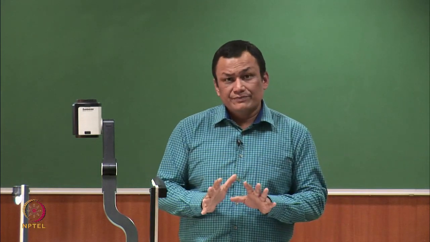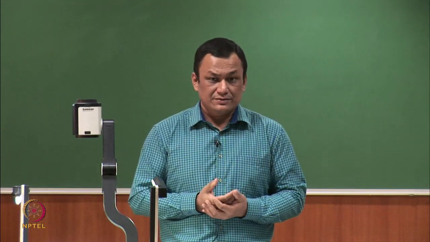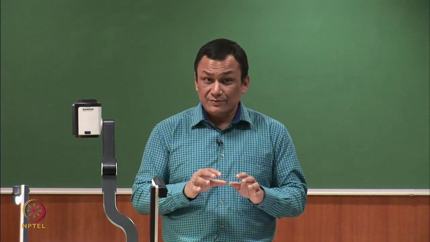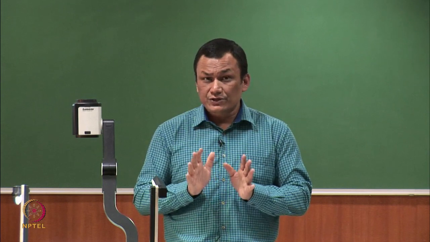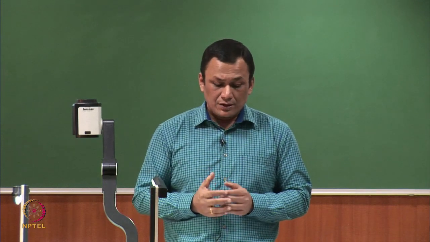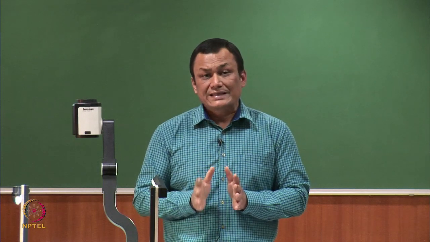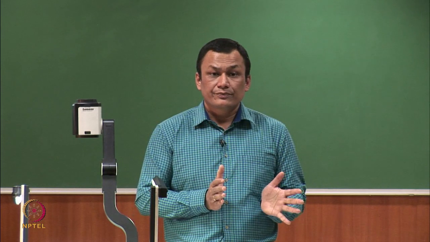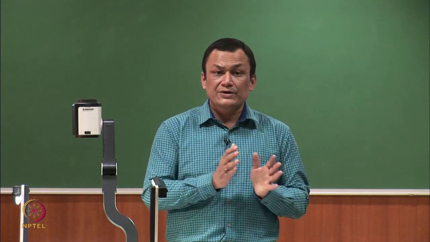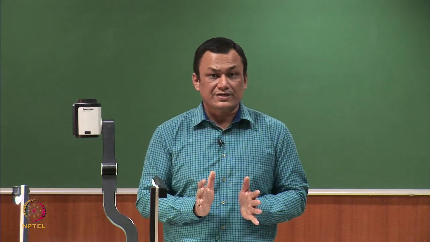So, actually the angles lie from minus pi by 2 to pi by 2, but for some reason we will discuss those circumstances when we need to do this, but we often need to do this theoretically. We need to find out the angles from 0 to pi by 2. That does not mean we will ignore the angles from minus pi by 2 to 0, that will be a mistake.